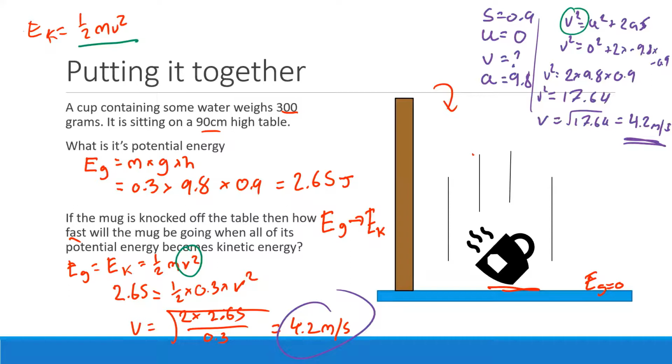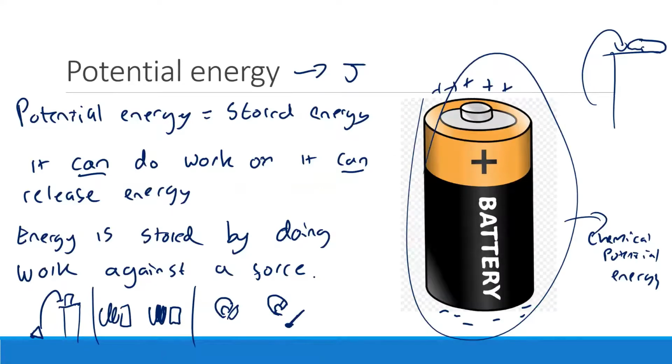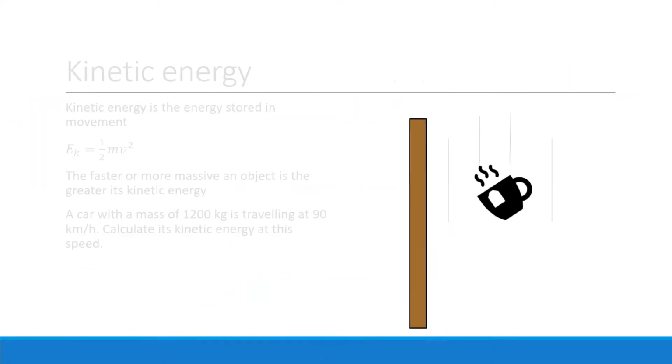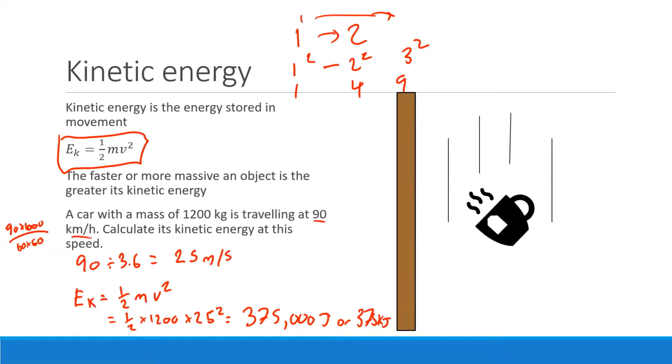So that's kinetic energy. Kinetic energy is tied to how quickly an object moves. We talked about potential energy being stored energy: how much energy something has when you hold it in the air, whereas kinetic energy is how much energy it has when it moves.